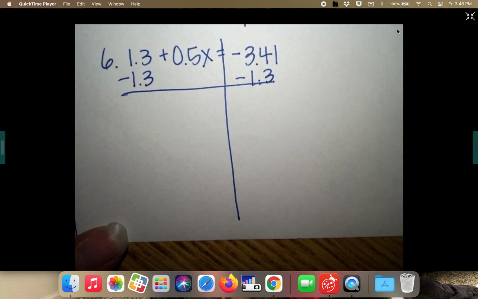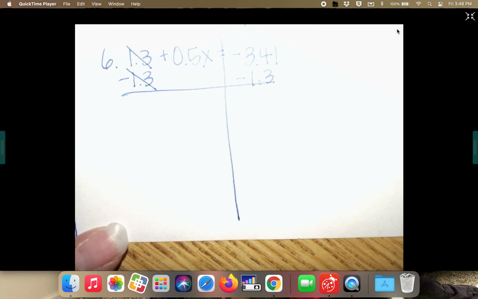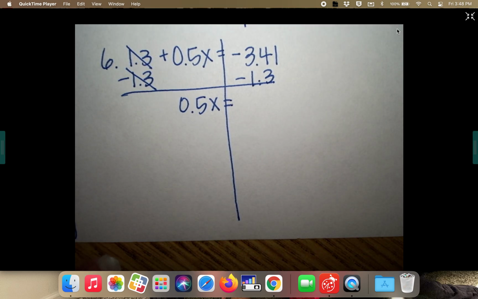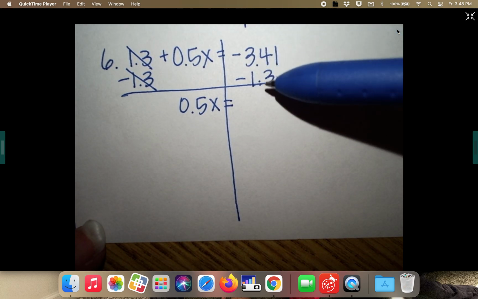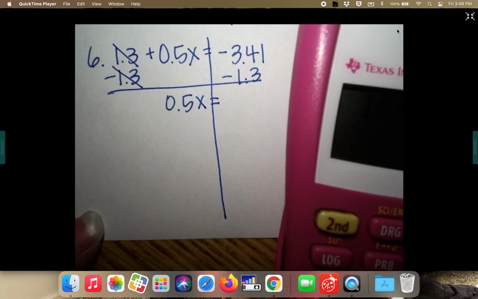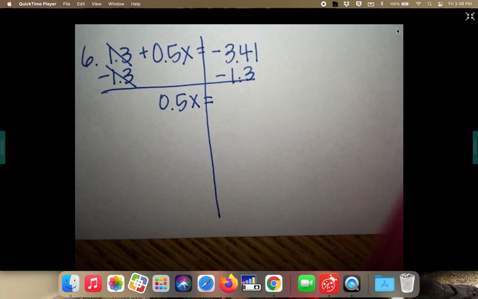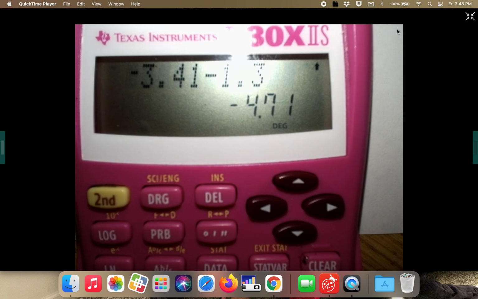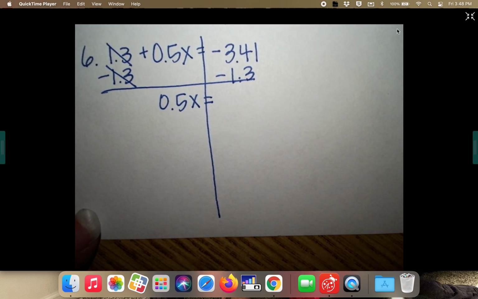I'm not scared of decimals because we're using our calculator, otherwise I would be. Bring down 0.5x. On this side, this is going to be a greater negative. It's going to be like negative 4 point something. So let's check with your calculator. Negative 3.41 minus 1.3. And that equals negative 4.71.